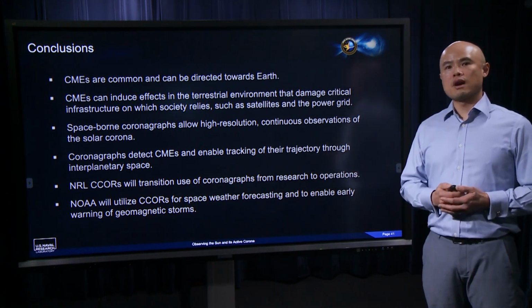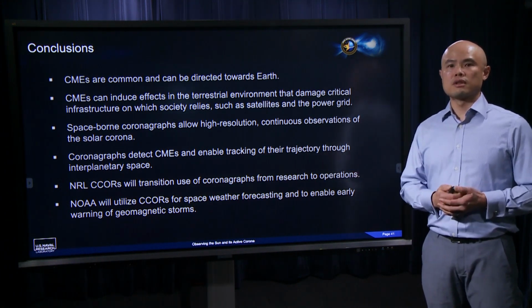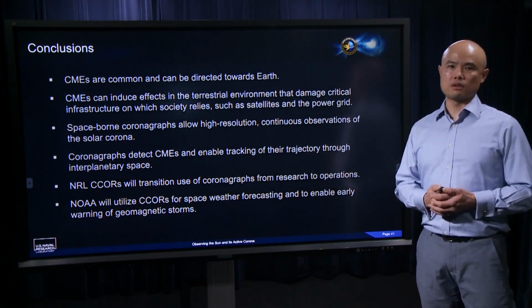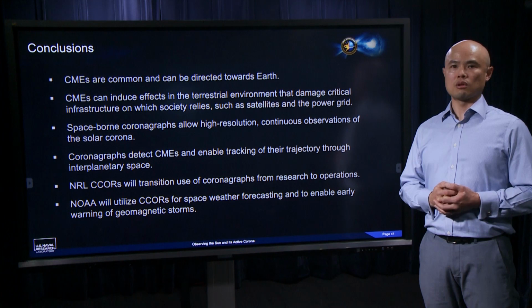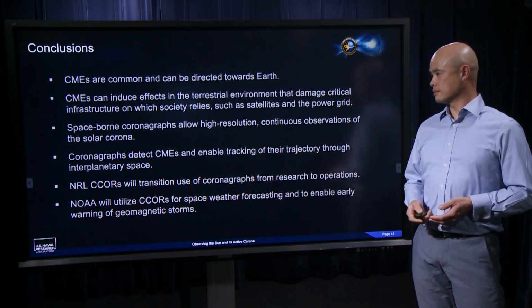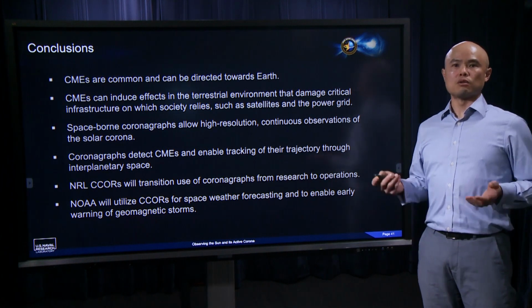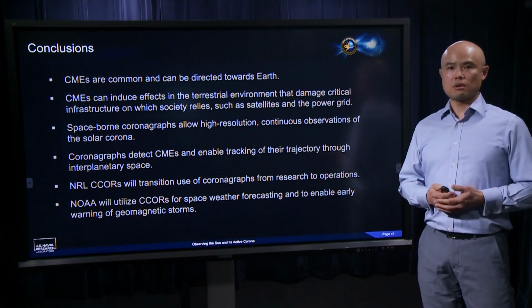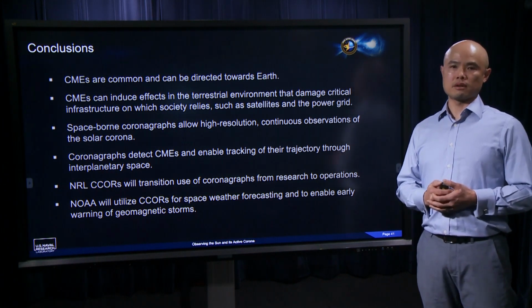Space-based coronagraphs provide an early warning capability for the detection of CMEs. And NRL has been successful in transitioning our expertise in coronagraph development from the research world to operations. And finally, we're looking forward to continuing our partnership with NOAA to utilize CCOR to enhance our space weather forecasting capabilities.